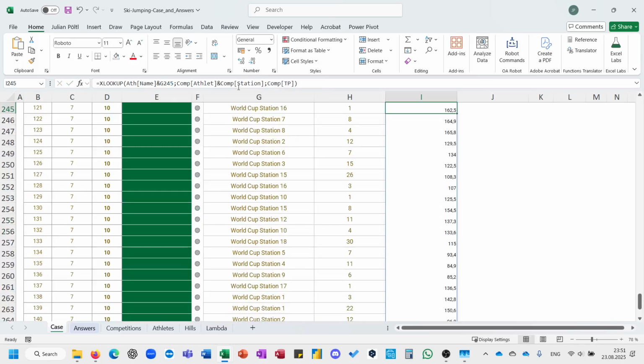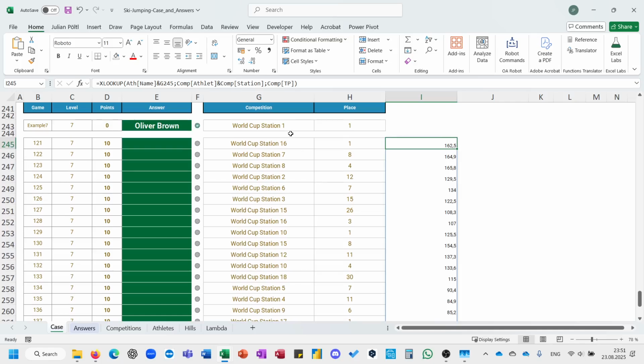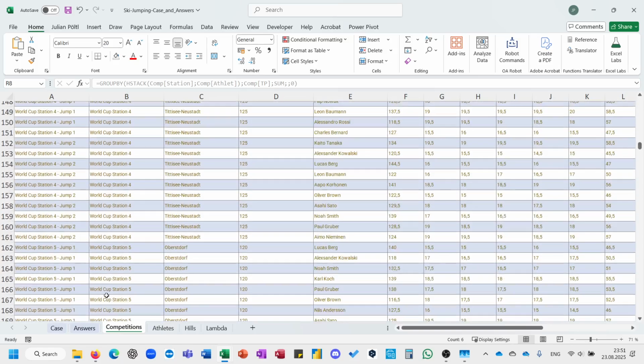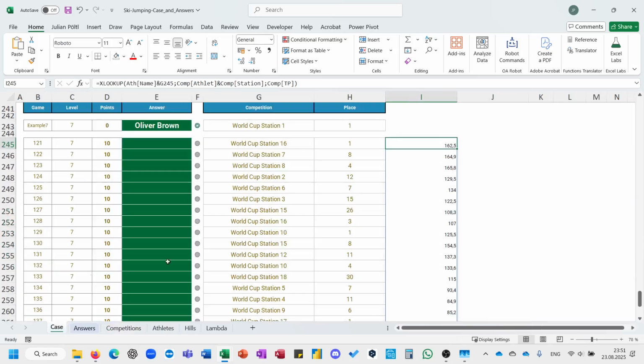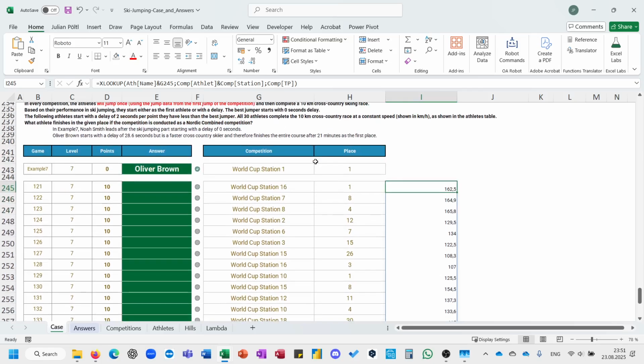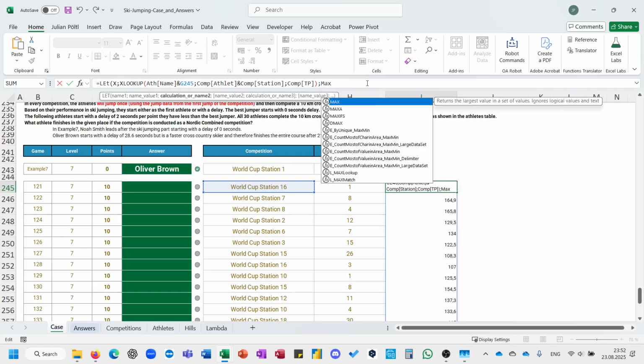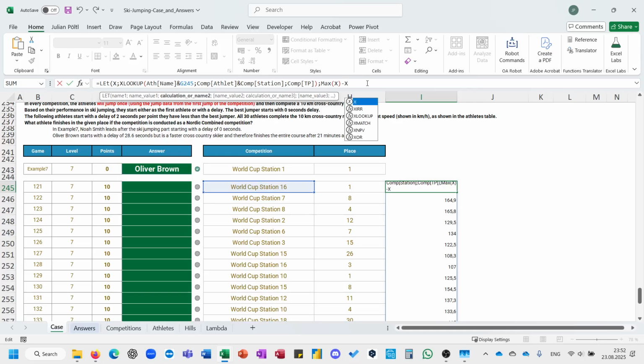And here we then have all the unique athletes and their points, and only because I've used XLOOKUP, only the first appearance, so their first jump. That is at least my understanding, that this is kind of sorted. And now I need to figure out, I'll name this let x, and then we use max of x minus x times 2.